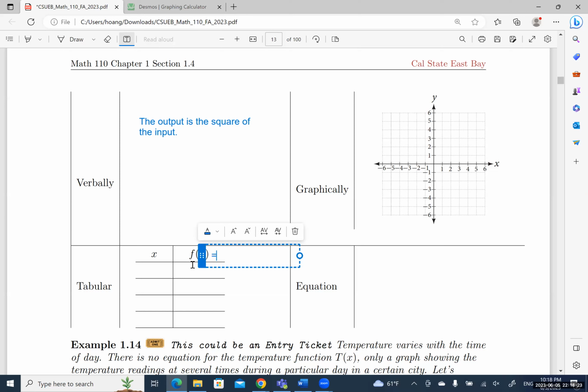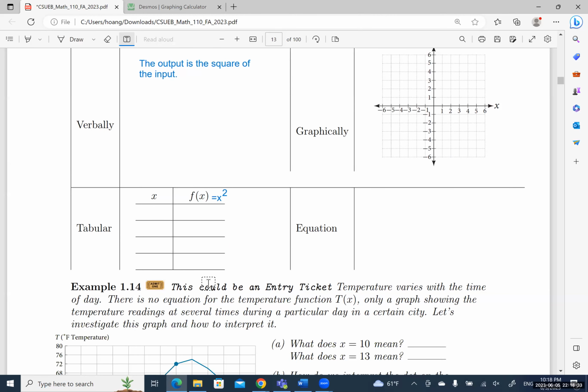We're going to set it equal to x squared, right? So if I say x equals 0, then f(x) must also equal 0. If I have 1, then 1 squared is also 1. 2 squared is 4. 3 squared is 9.